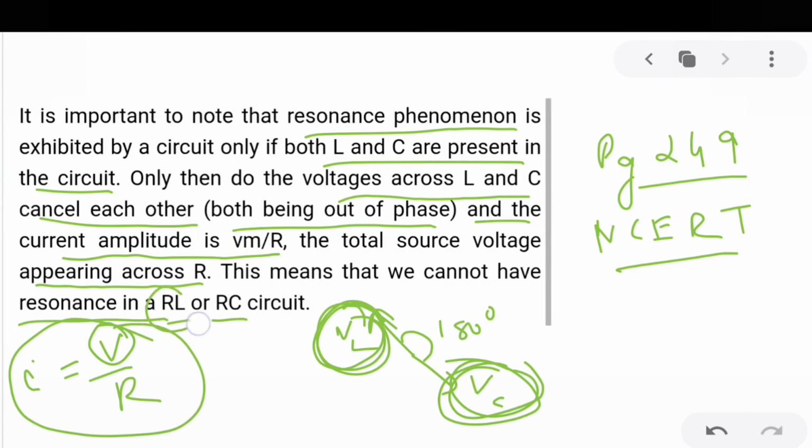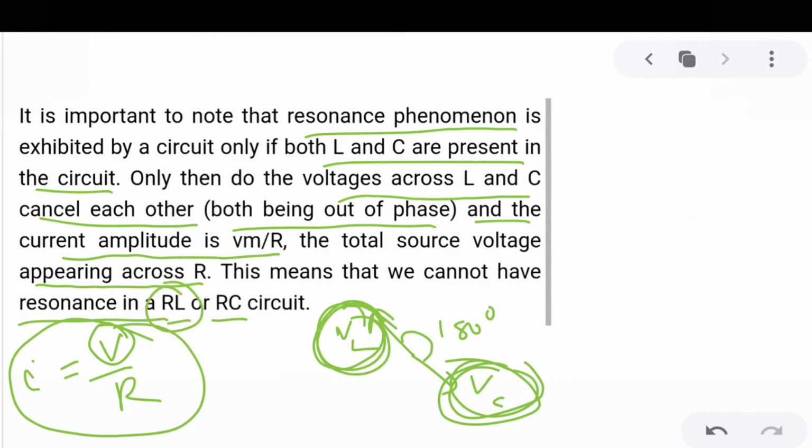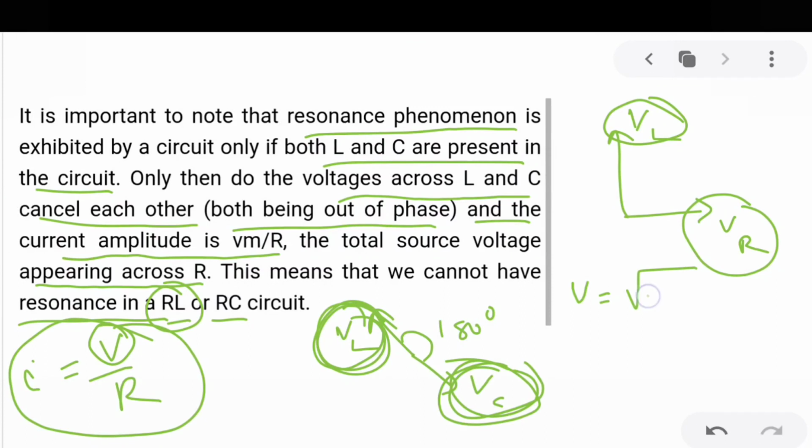Because in an RL circuit, this is the voltage across the resistor and this is the voltage across the inductor, so these voltages cannot cancel. The resultant voltage will be equal to the square root of VR square plus VL square. Similarly, an RC circuit will give a similar result.